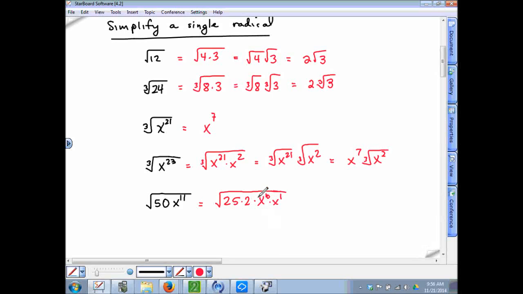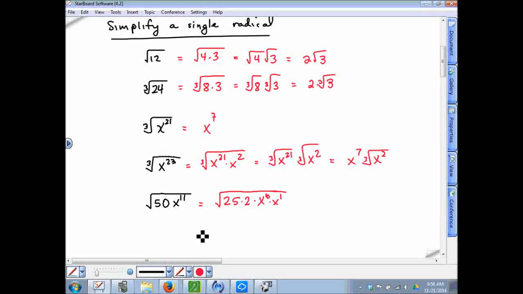What do you suggest we do now? We've kind of split this up in a nice way. Which one of these terms can we simplify? The 25 and what other one? X to the 10th. So those are going to move out to the front.